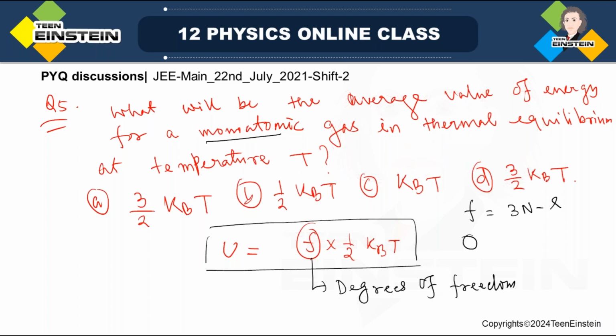So that's why 3, and n is the number of atoms in the molecule, so that is 1. So 3 into 1. And what is the constraint? There is no constraint for this, so it is 0. So F is 3. So the average energy will be 3 by 2 kBT. So this is how we have to solve this problem.